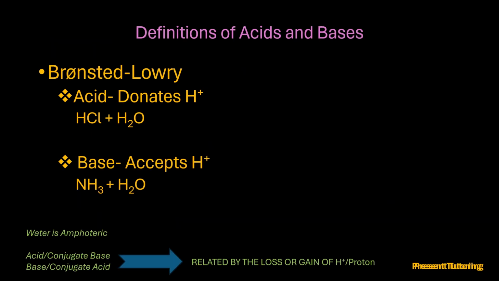Okay, so we also have the Bronsted-Lowry definition. The Bronsted-Lowry definition is just talking about transfer of hydrogen. So the Bronsted-Lowry acid typically donates a hydrogen, and then the Bronsted-Lowry base usually accepts a hydrogen. So let's look at the acid, hydrochloric acid.